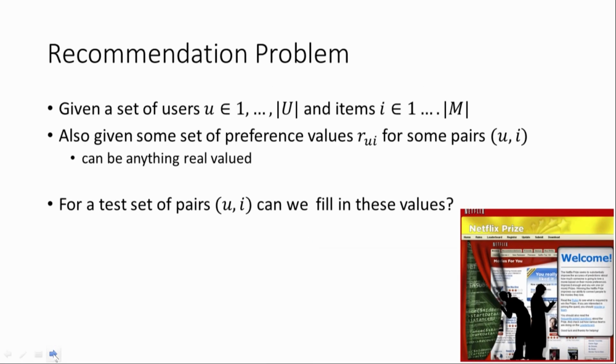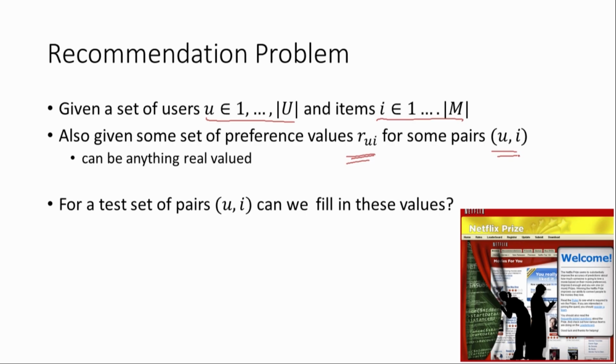So how do we formulate this? How do we formalize this problem? Okay. So let's try to formalize this problem as follows: suppose we are given a set of users, right, and a set of items, right? And suppose we're also given a set of preference values for some set of pairs, right?